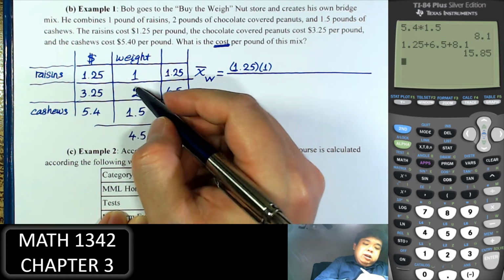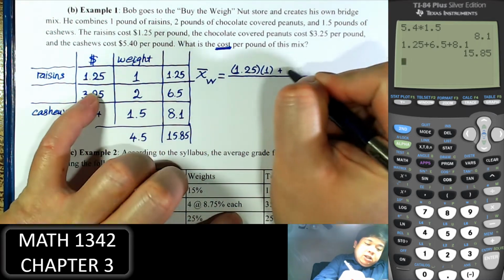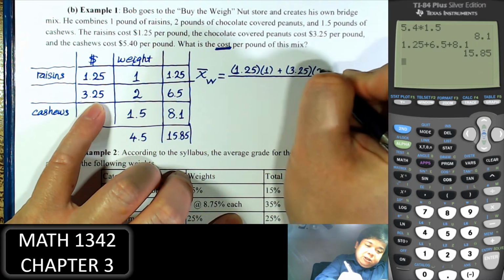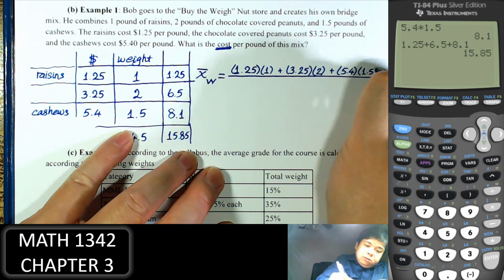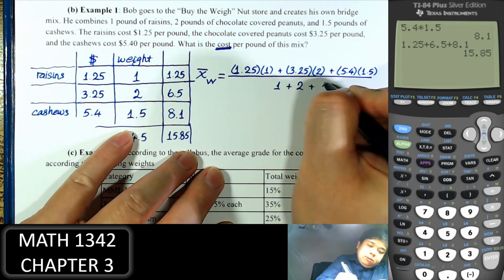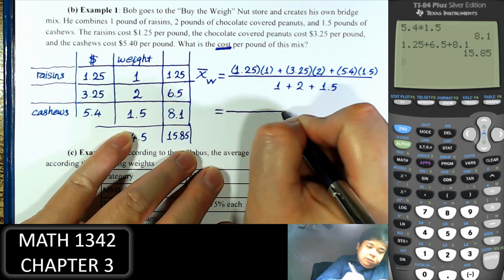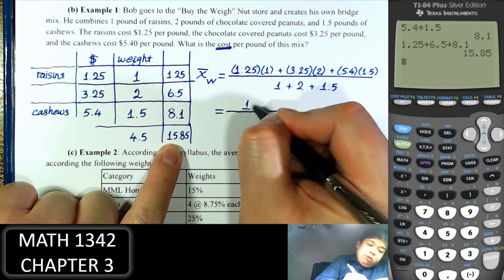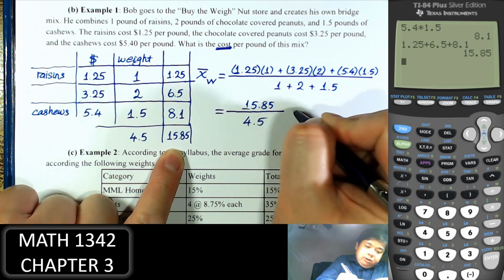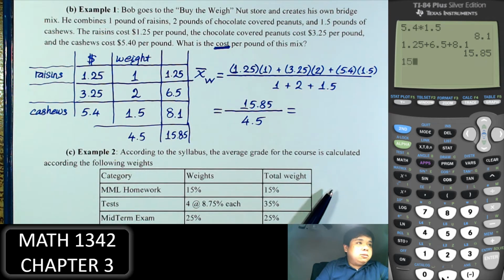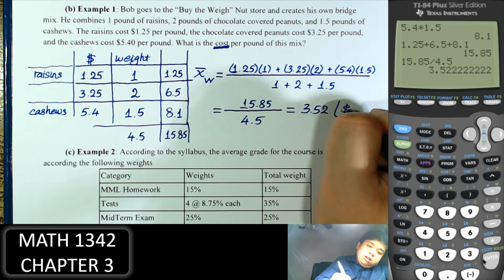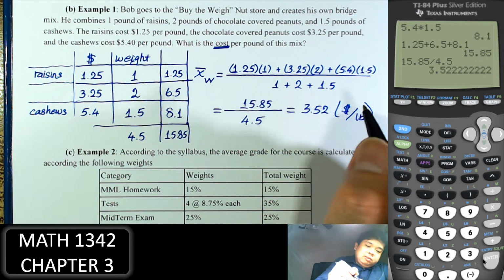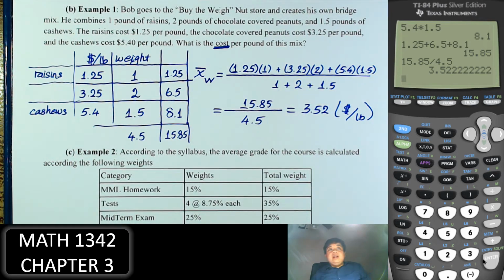The sum is 15.85, and the total weight is 4.5. Dividing, we get $3.52, and the unit here is dollars per pound.